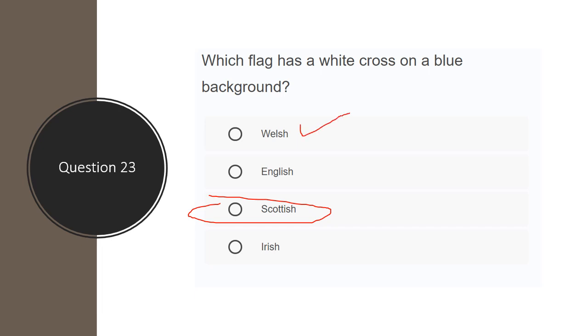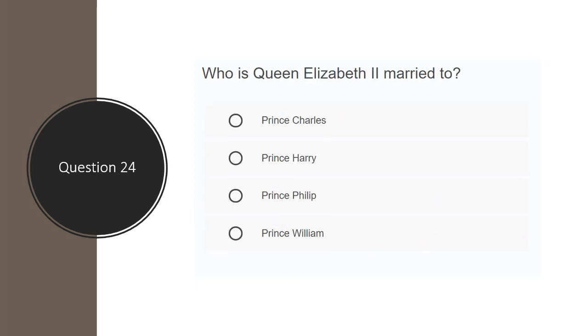The Welsh flag has a dragon on it. The English flag has a red cross on a white background, and the Irish flag has a cross like that, once again on a white background. The Scottish flag has a diagonal cross but on a blue background. So that's the correct answer.